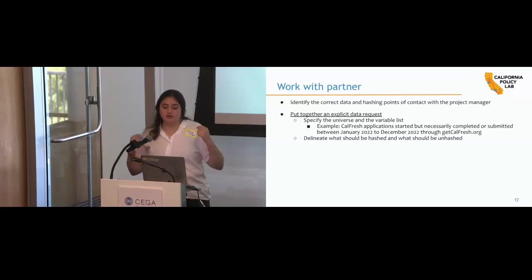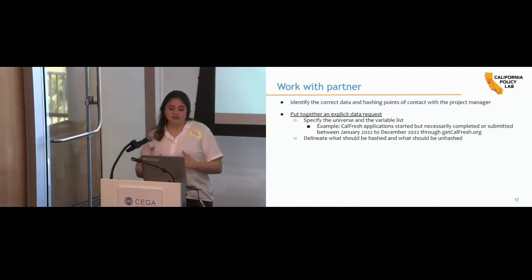So when you send the data request, you want to be very explicit about the time frame, what variables you're requesting, including the program data. For instance, if you're including phone numbers, be very explicit that needs to be hashed.